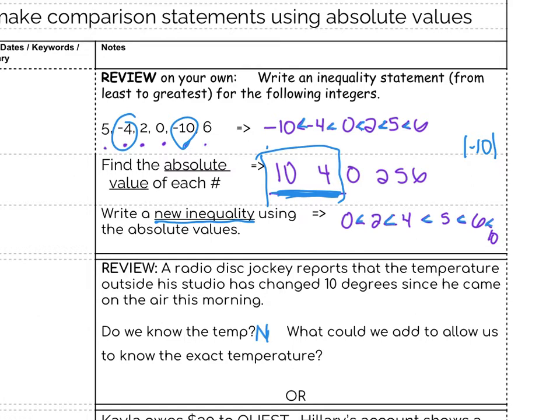So negative 10 is less than negative 4, but once we take that absolute value, the absolute value of negative 10 is greater than the absolute value of negative 4. So we can see that right there. So that's something to keep in mind. Absolute value of negative numbers, the order changes.